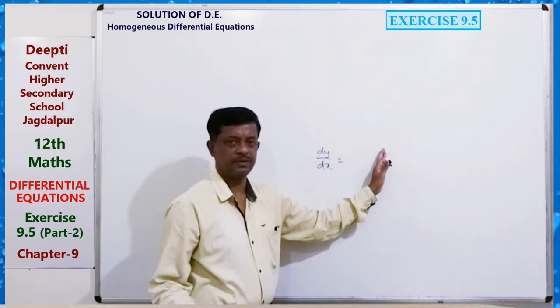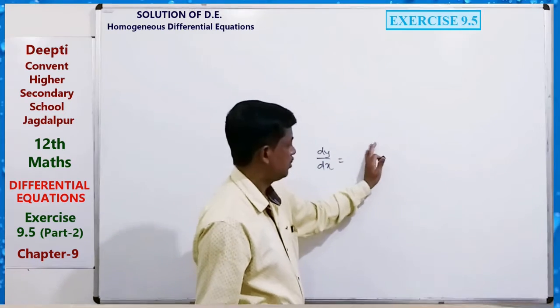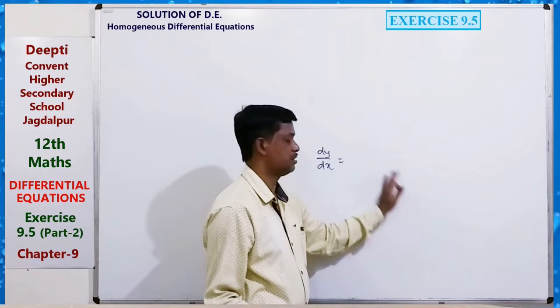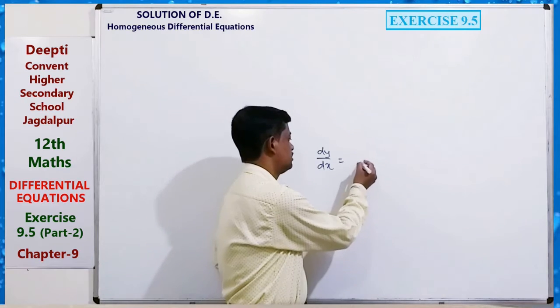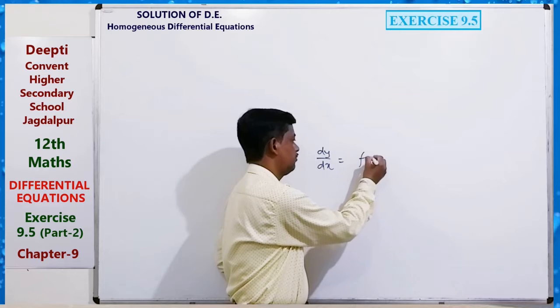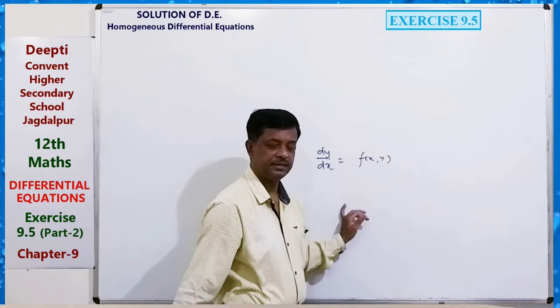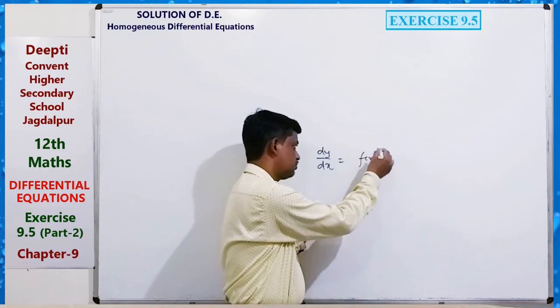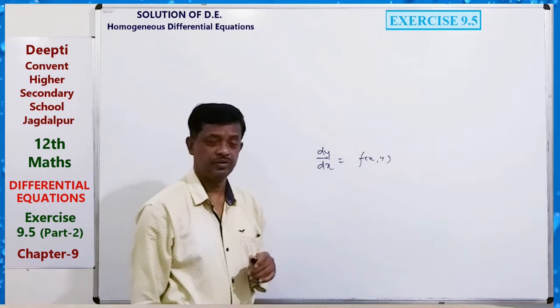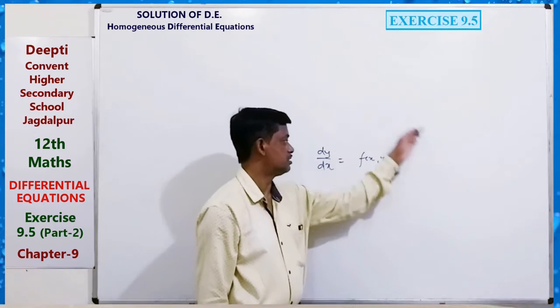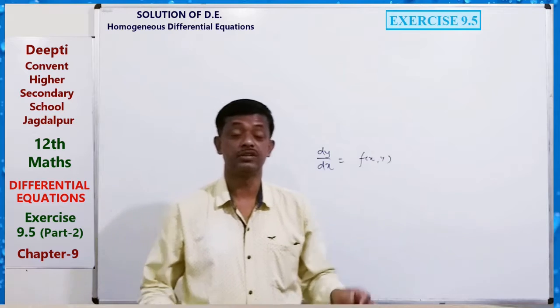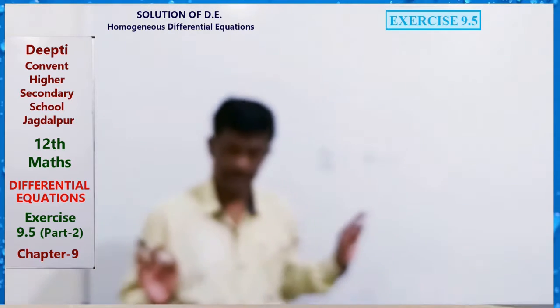If it can be separated, it is variable separable form. If it cannot be separated, suppose the relation is f(x, y), and if this is a homogeneous function of degree 0, then this differential equation is called a homogeneous differential equation of first order and first degree. Clear?